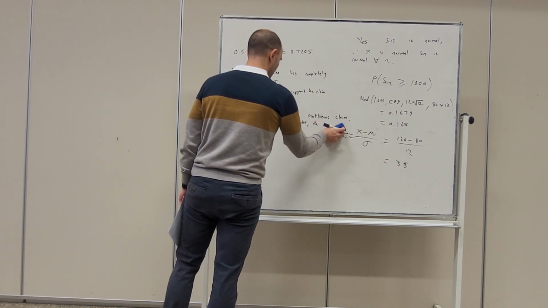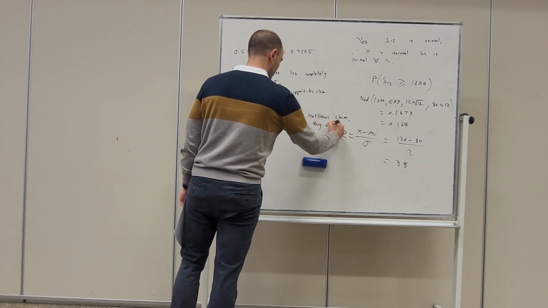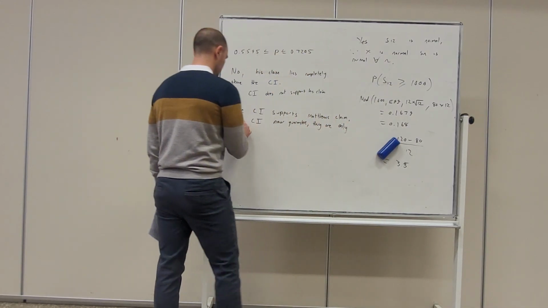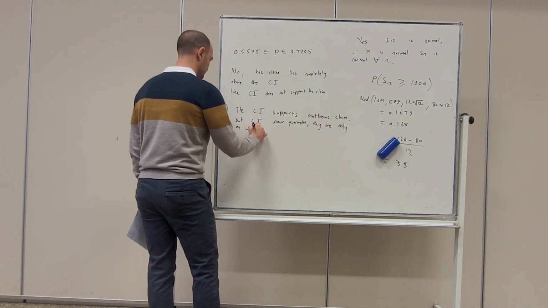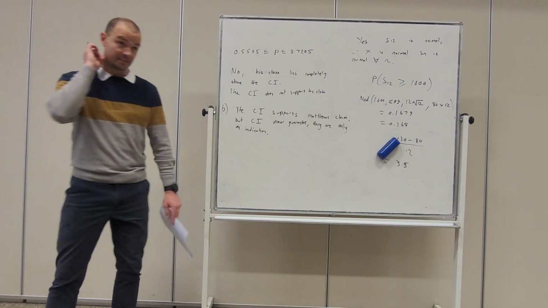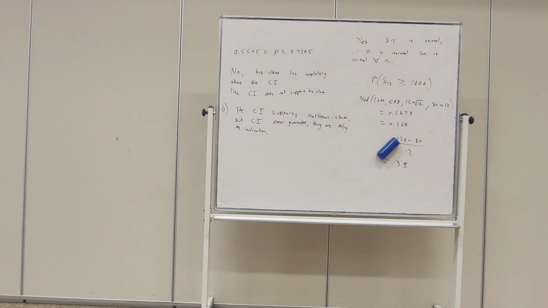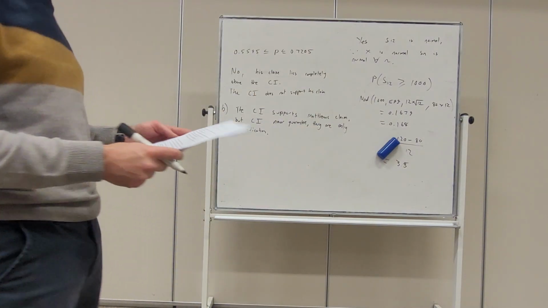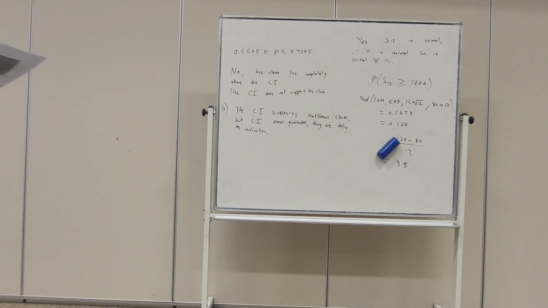They are only an indication. Very good. We can't say it's definitely less than 80%, but we can say we've got good evidence to suppose it is less than 80% based on the confidence interval.